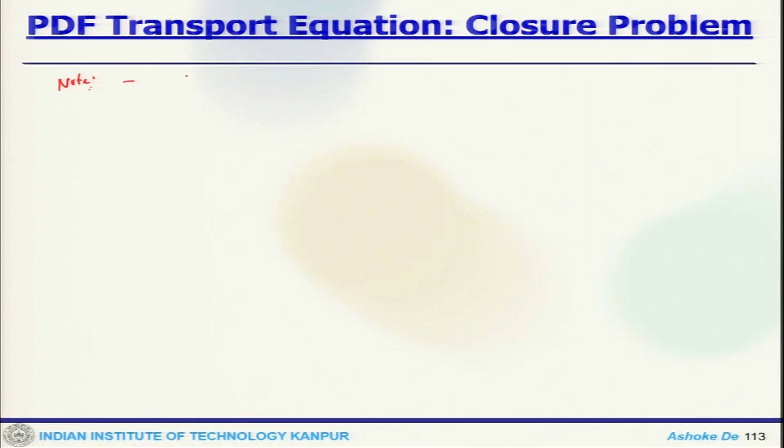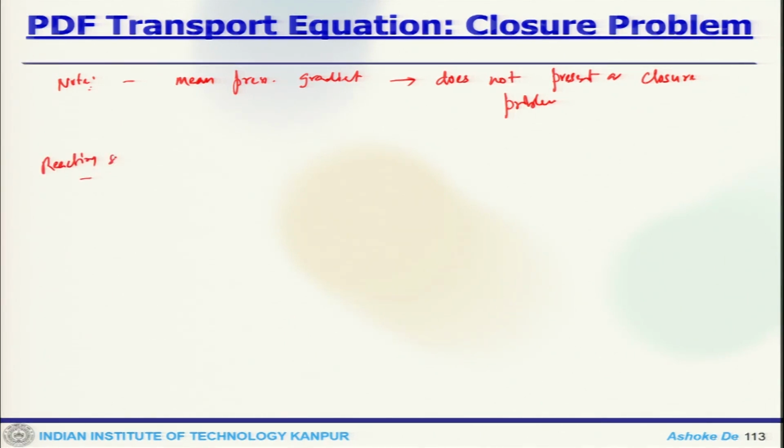For a reacting system, the chemical source term needs to be treated exactly or properly.